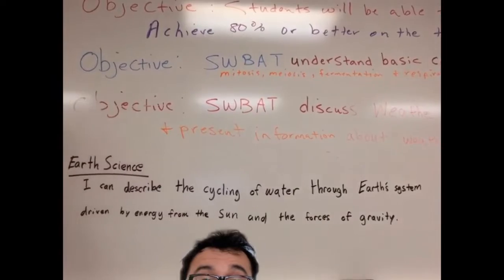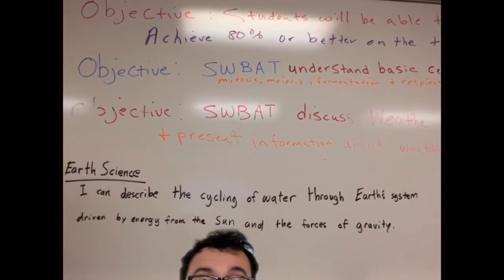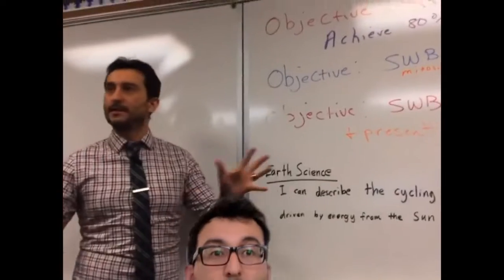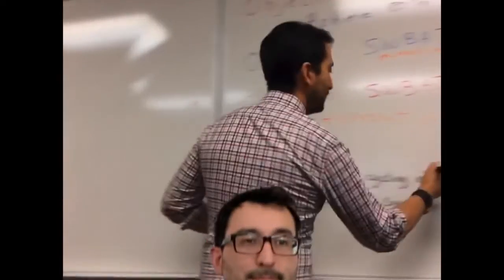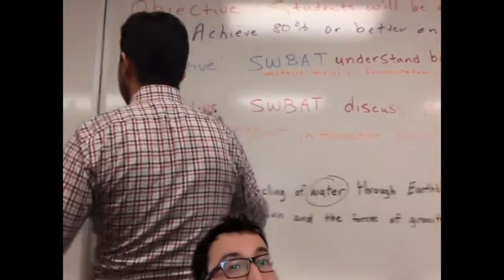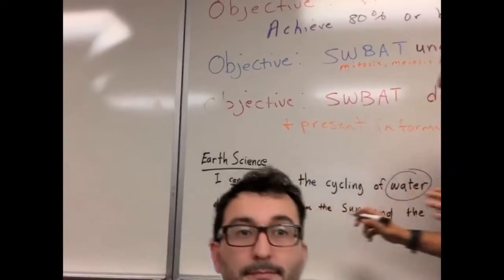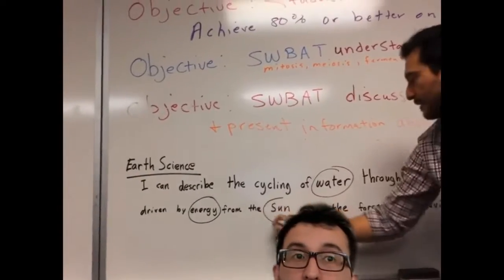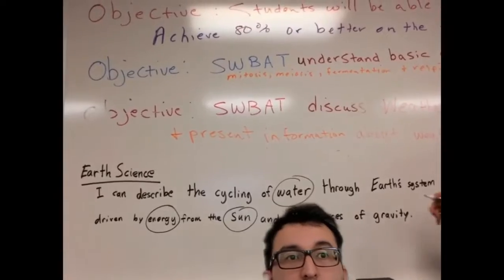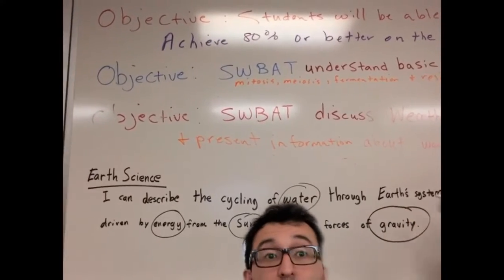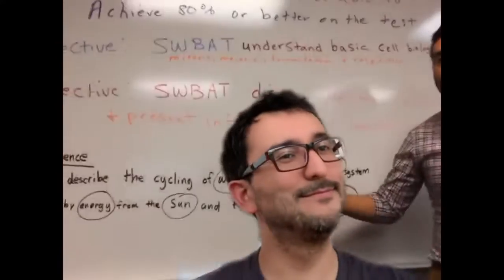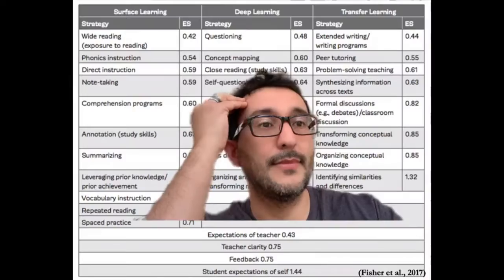Fantastic. What elements of nature do we see in that? Just yell it out. Water. What else? Energy from the sun. Gravity. Perfect. Earth. Lots of energy in there. Fantastic. Thank you. So this is what we're going to focus on today.